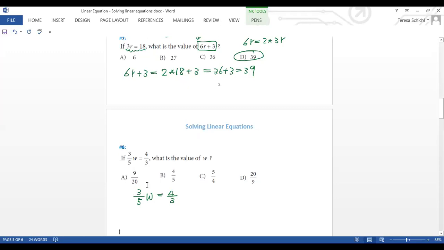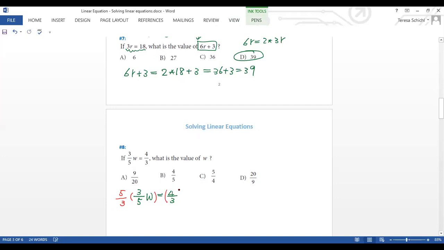So in order to solve this type of problem, what you need to do, just like we divide by the 3 to get r, here you need to multiply by something to get rid of this fraction. In order to simplify this fraction, I need to multiply by 5/3, because the 5 is on the denominator and the 5 is on the numerator, so you can cancel.